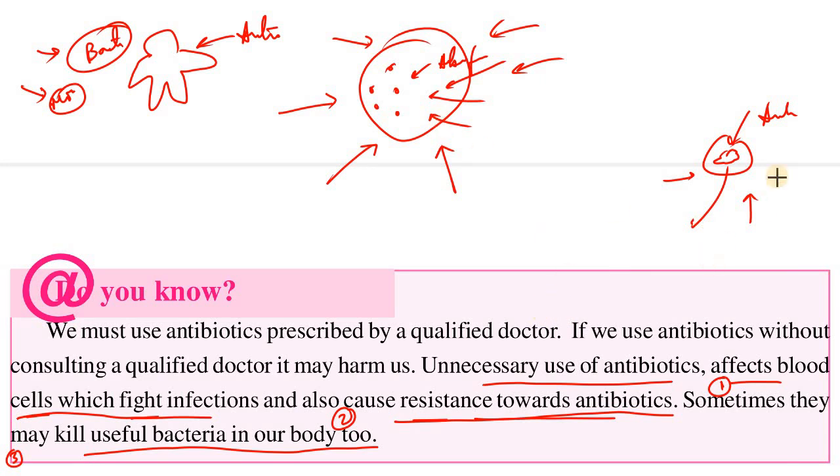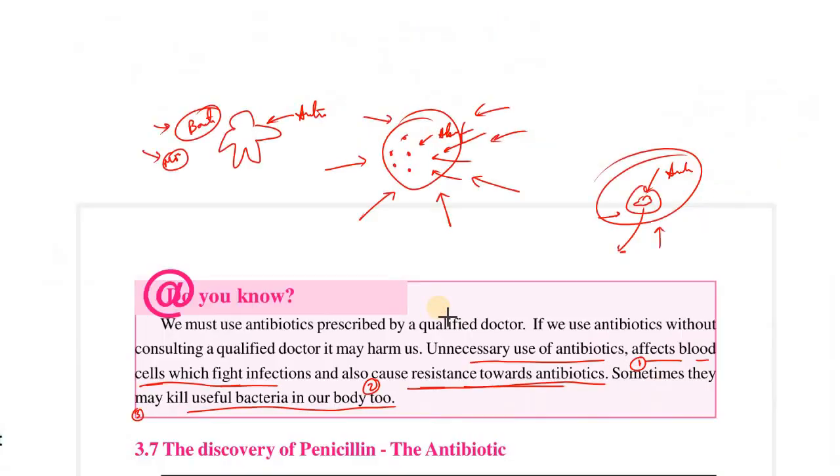So effectively, by eating lots and lots of such chicken which have lots of antibiotics in it, we are effectively eating lots and lots of antibiotic tablets, and soon we will again develop resistance towards other antibiotics. Even our body functions will be affected by both the actions on the blood cells as well as killing of useful bacteria in our body. Okay, so you have to be very careful nowadays.